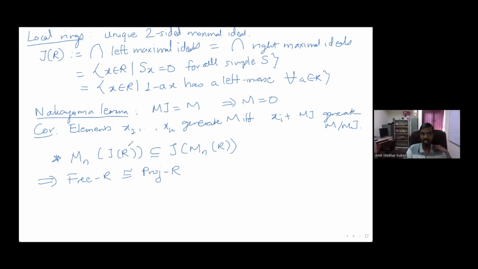This corollary will say that any two bases have exactly the same number of elements. So the size of that set is an invariant which you lift using this second result. This will tell you that free R is the same as Proj R. As a consequence, one more boring result: K0 of a local ring is again isomorphic to the integers.